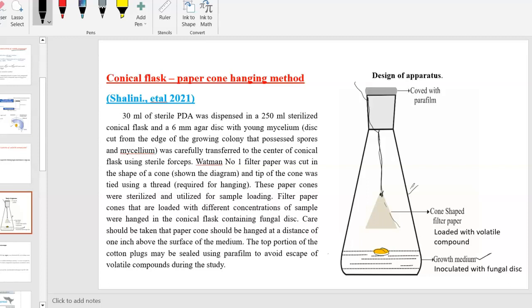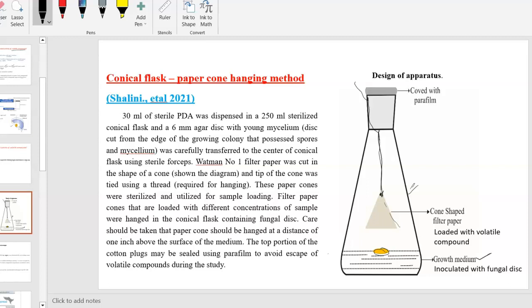cannot grow, which shows that the volatile compound present on this paper disc was actively acting against the fungal growth. Especially in this method, because only the compound which is volatile will spread in this whole area available over here, and it will start inhibiting the activity of fungi.